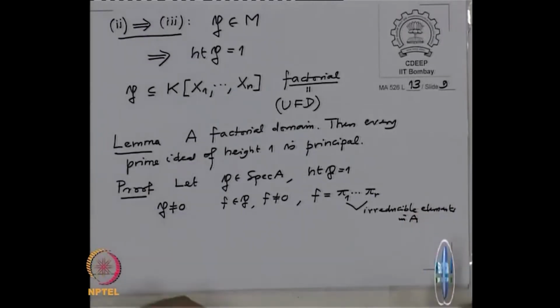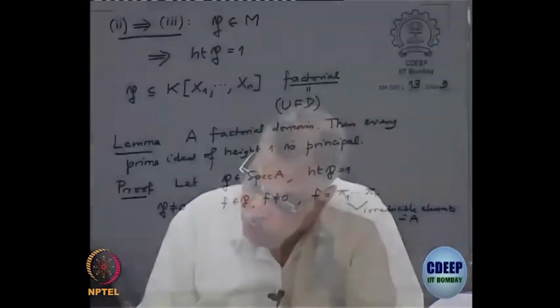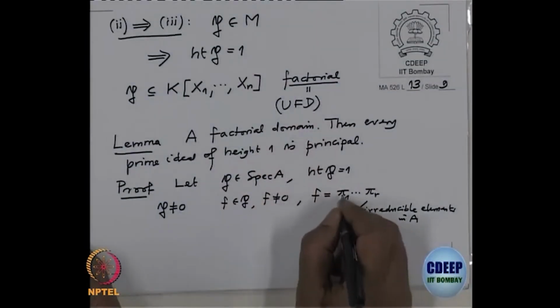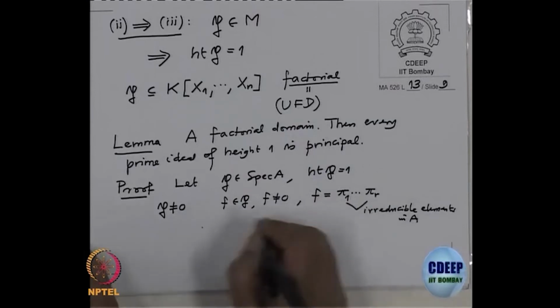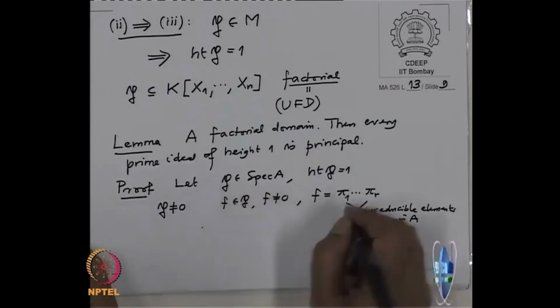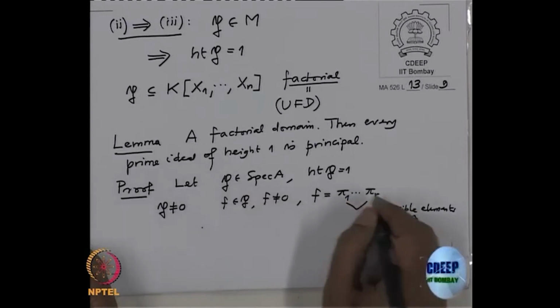Actually, they are prime elements, because you know in a factorial domain irreducible and prime are the same. So, they will generate a prime ideal. So, for example, if I look at pi 1, f is a non-unit definitely. So, at least one prime factor will be there.